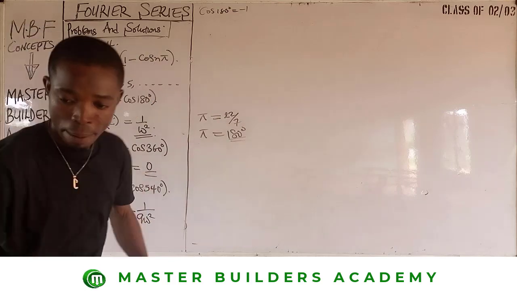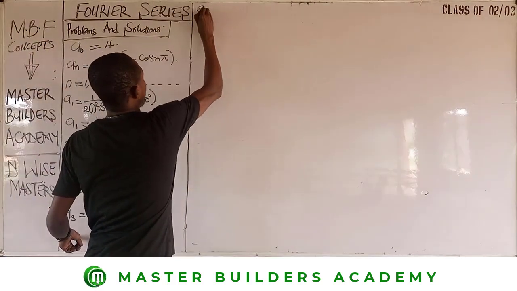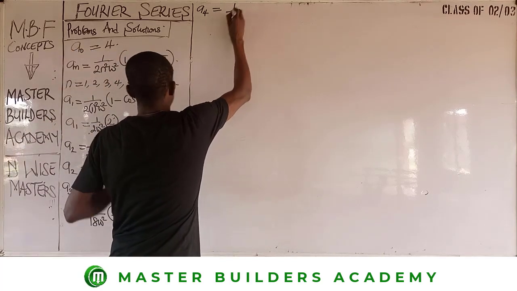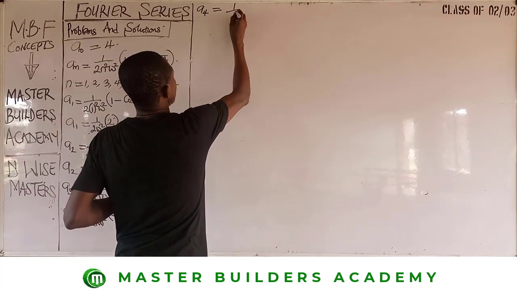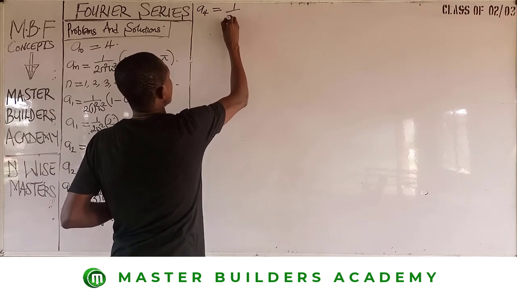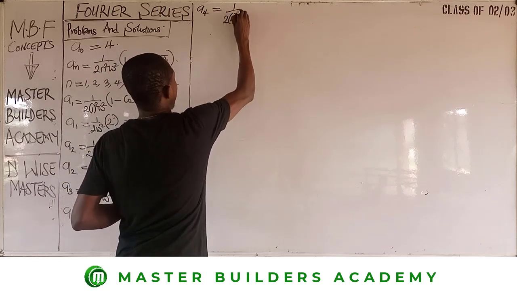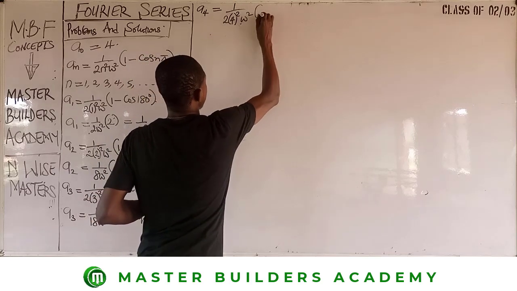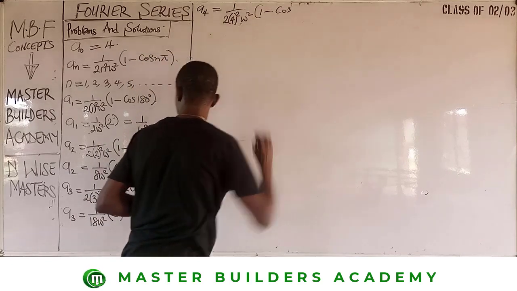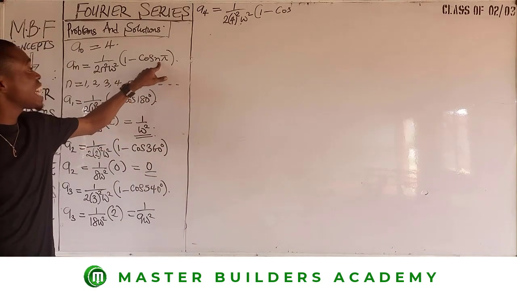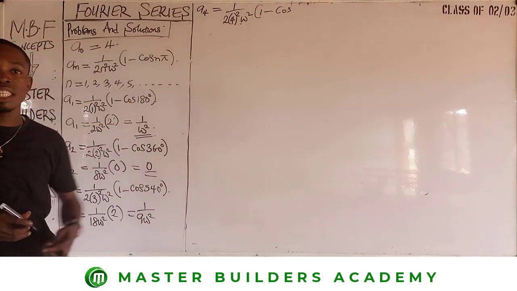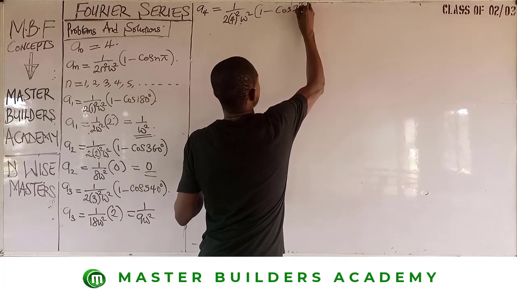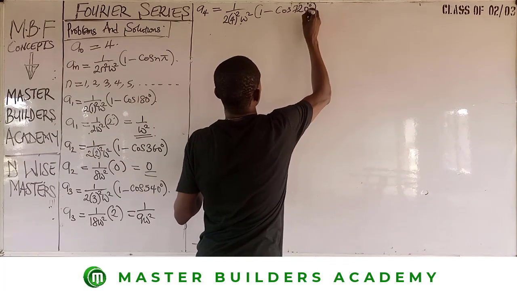Now let's progress here. Again, we have A4. When n is 4, 1/2 into 4 squared W squared into 1 minus cos. Now remember, if we come here, n is now 4. 4 times 180 will give us 720. So put down 720 degrees here.